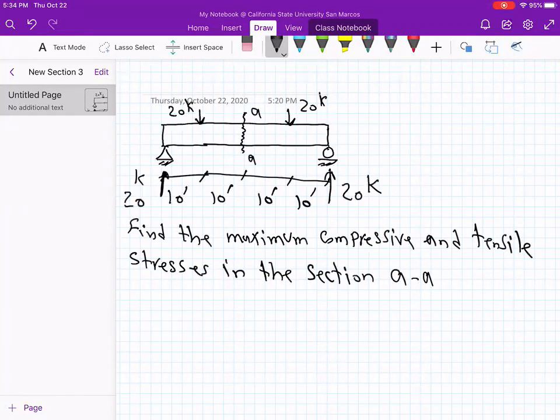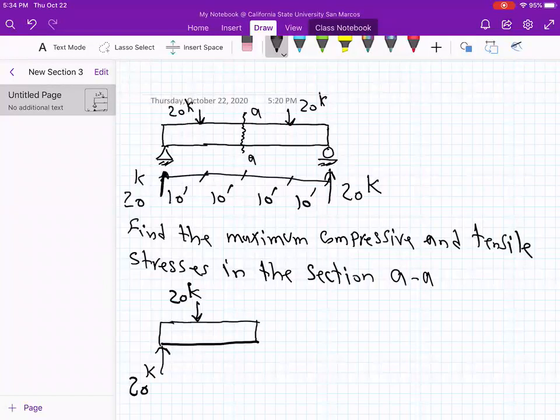Now statics. We're going to find the moment. Free body diagram. Okay, this is the 20 kips. This is 20 kips. This is 10 feet, this is 10 feet. In this section A, we want to find the moment, right? Because we want to find the stress based on the moment.